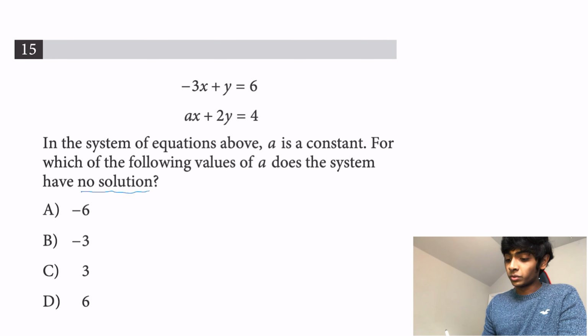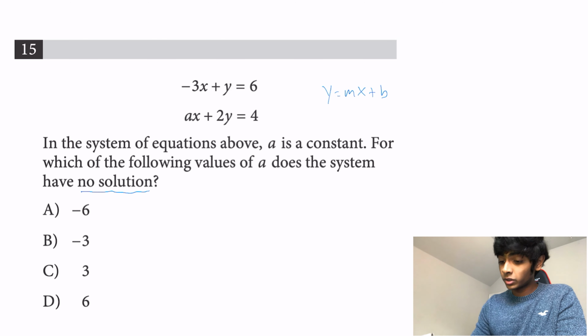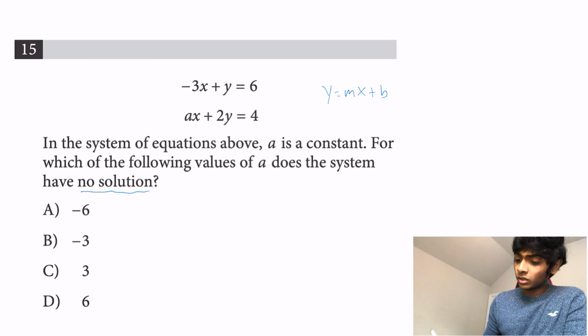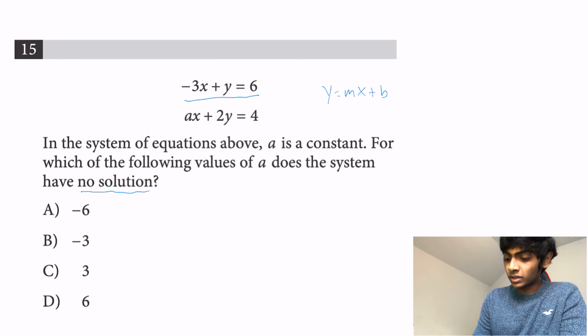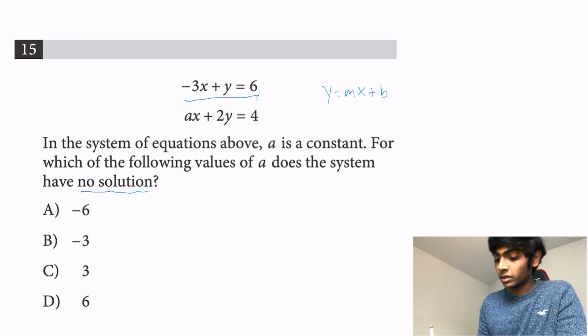So first, what I'm going to do is get this into y equals mx plus b, or slope form, to make this easier for me and for you guys to understand what I'm talking about. So we'll start with this one, since this has both y and x, and this one has a and y. To get it in y equals mx plus b form, we have to do some rearranging.